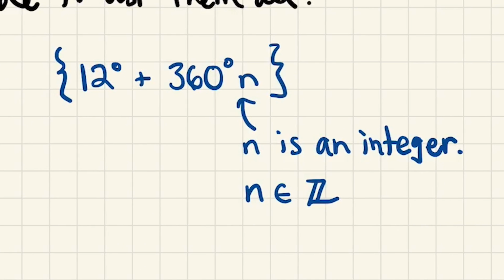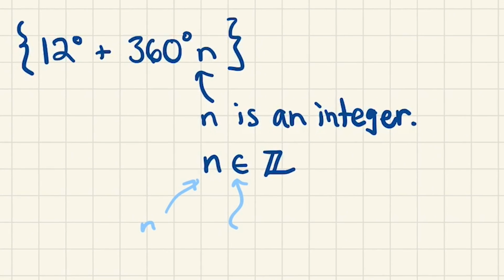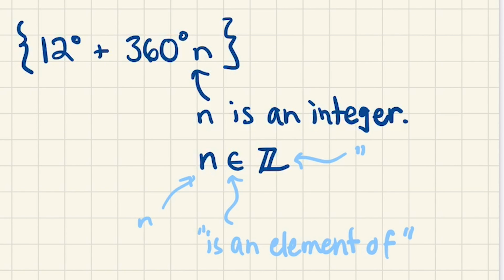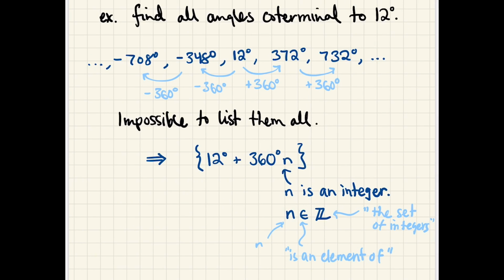This is just n, but this little guy, sort of a C that's trying to be an E, means is an element of, and this double stroke capital Z is the set of integers. So this reads as n is an element of the set of integers. Okay. All right, so that's section 1.1.